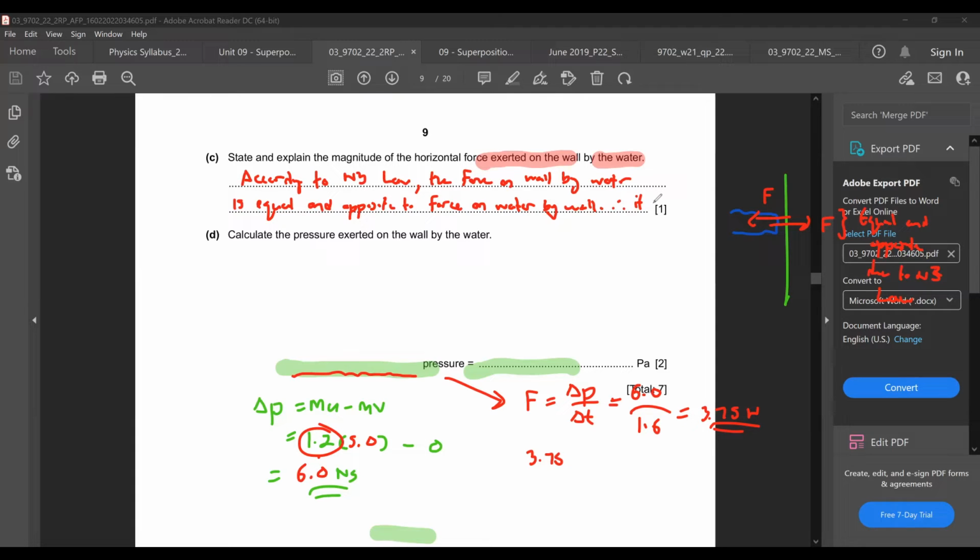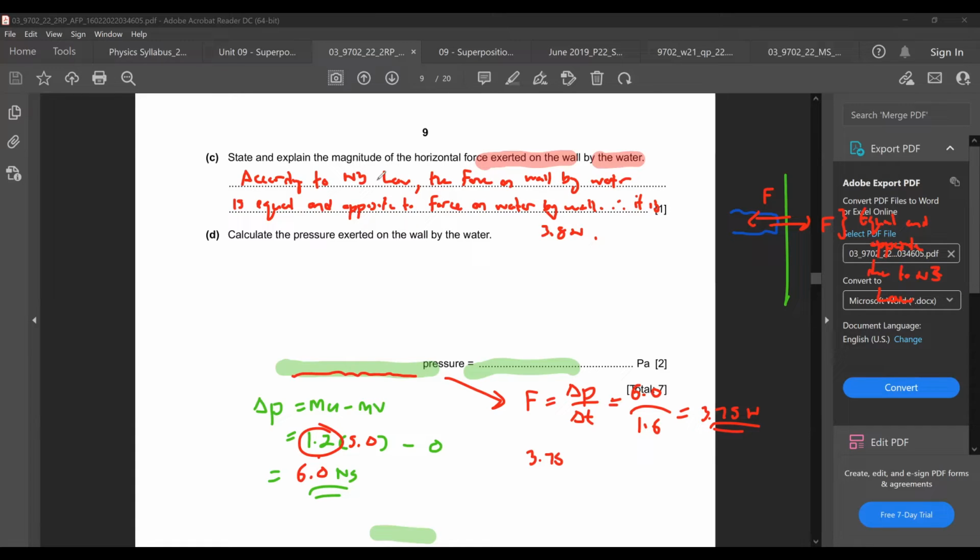Therefore, it is 3.8 Newton. This is one way of explaining it properly. Okay, so that one is okay.